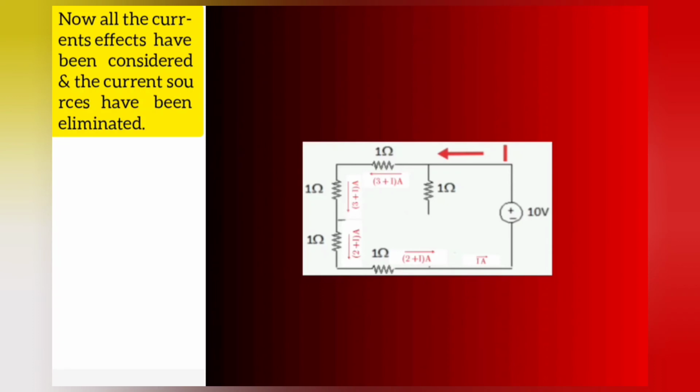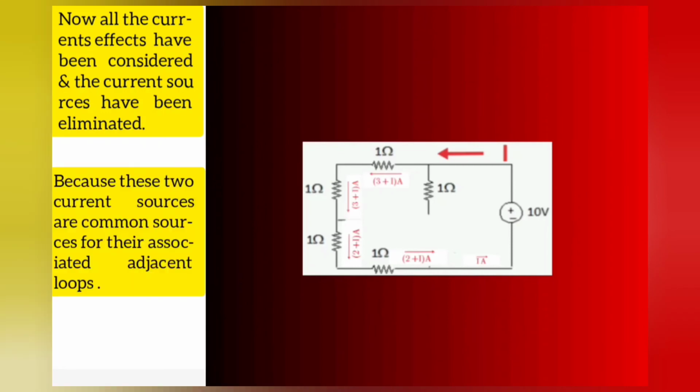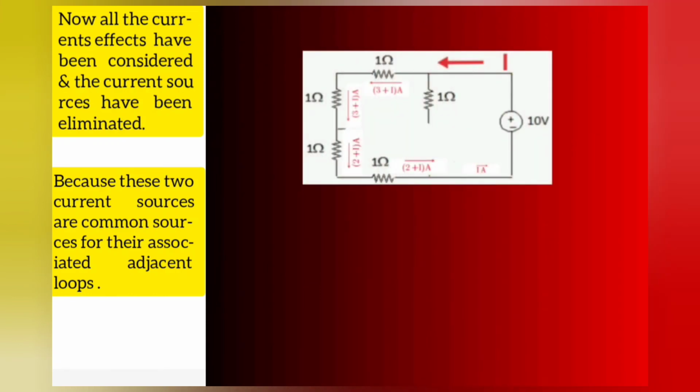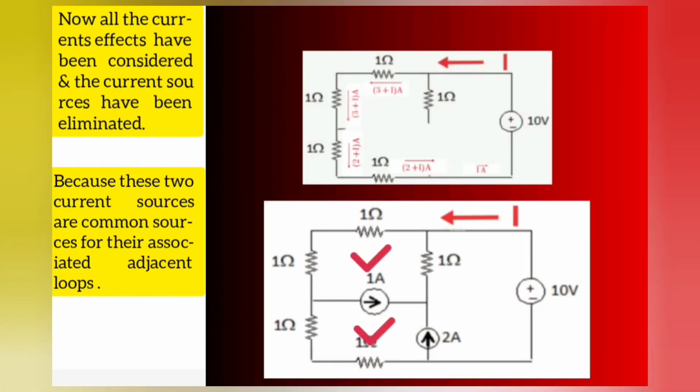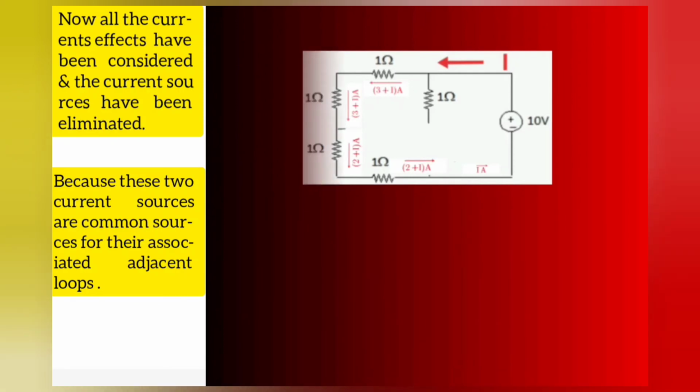Now all the current effects have been considered and the current sources have been eliminated, because these two current sources are common to their associated adjacent loops.